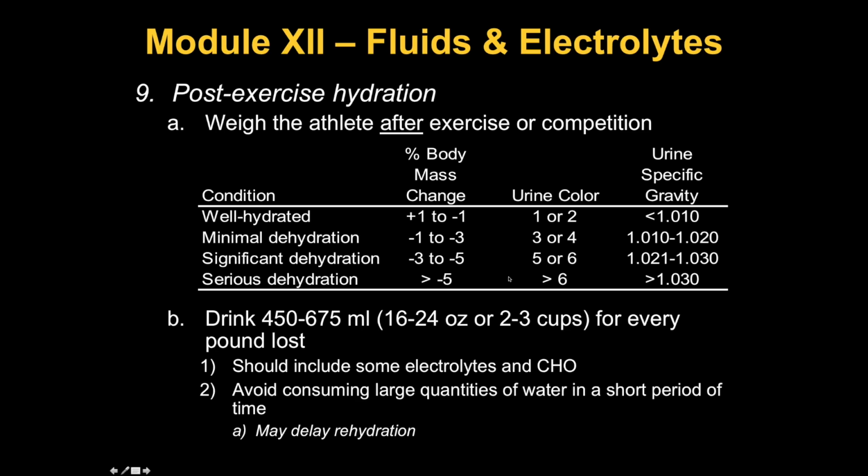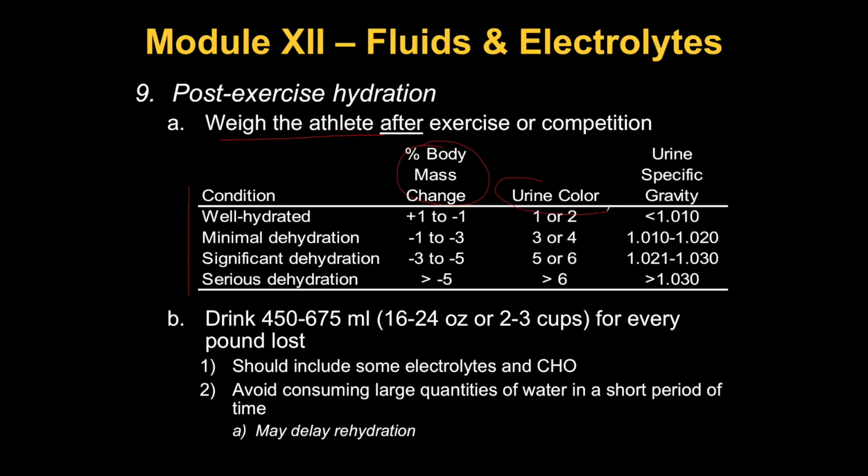As far as hydration after exercise, one of the important things to do, prior to exercise and after exercise, is to weigh the athlete. So we want to make sure that we get the body weight and see what the percent change of body mass is. This table allows you to look at the percent body mass change.